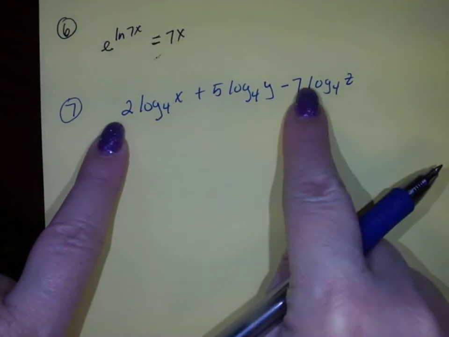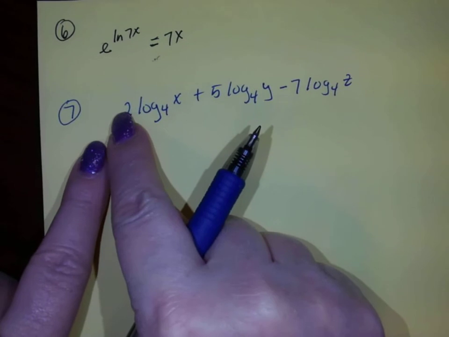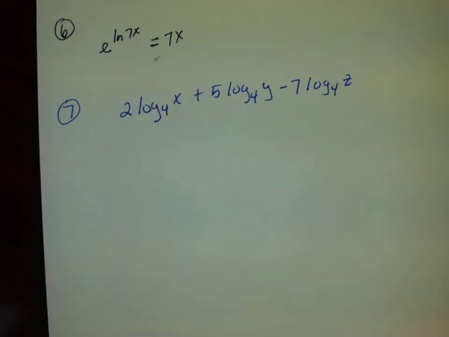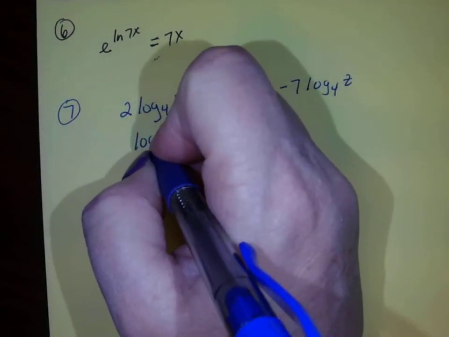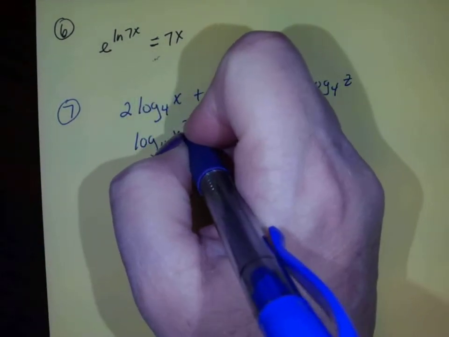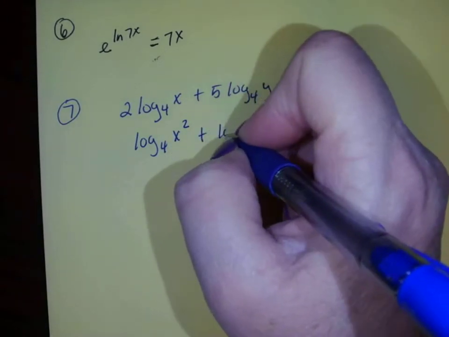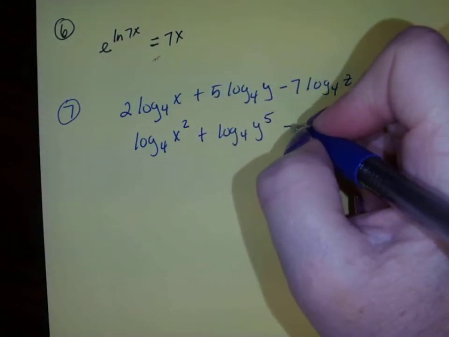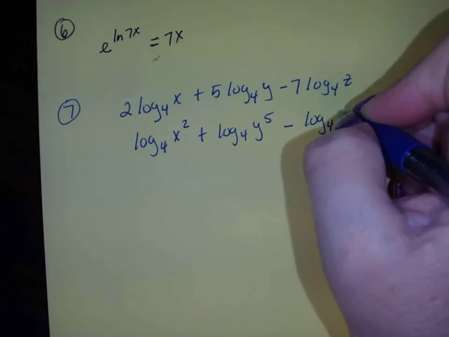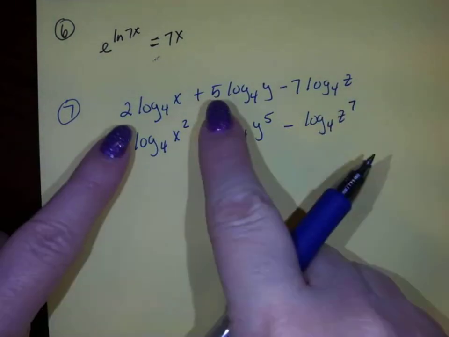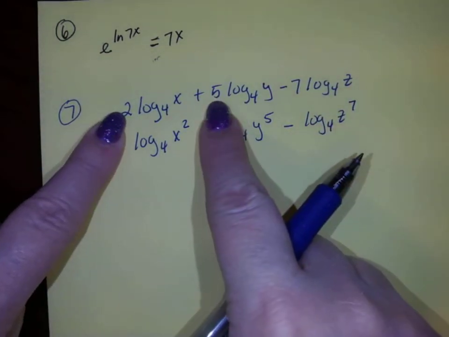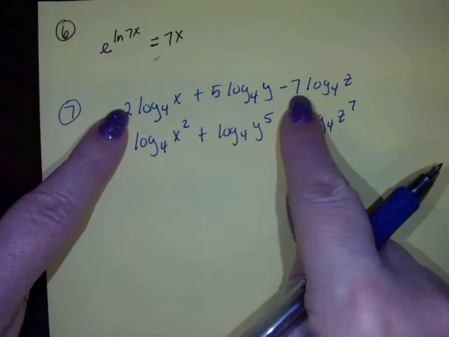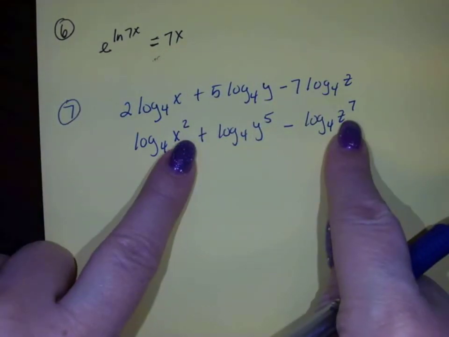All of the numbers in front are actually the exponents. We're going to move the exponents back up. So log base 4 of x squared plus log base 4 of y to the 5th minus log base 4 of z to the 7th. So I've moved all of our numbers that are in front of the log back into the exponents.